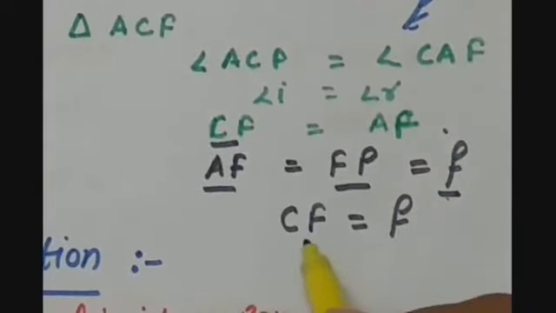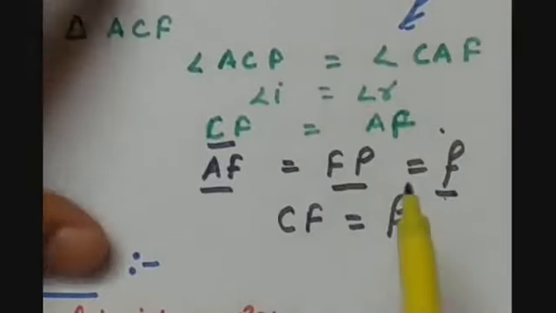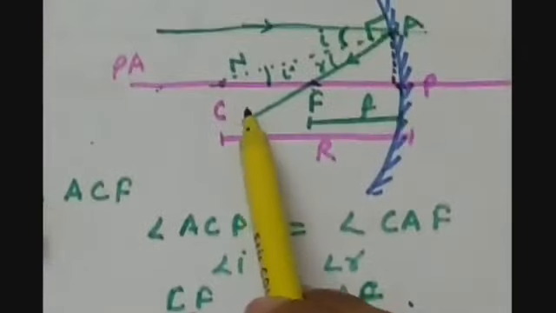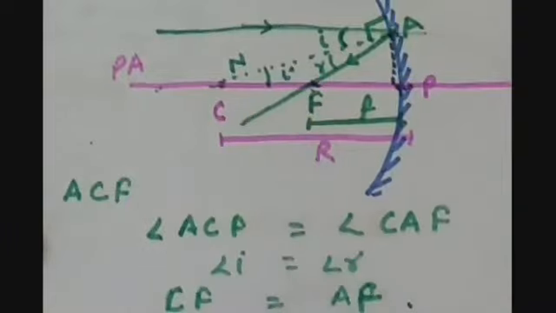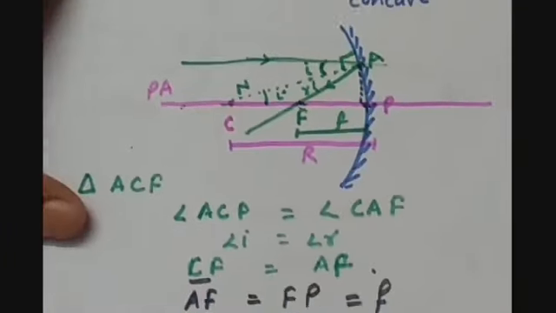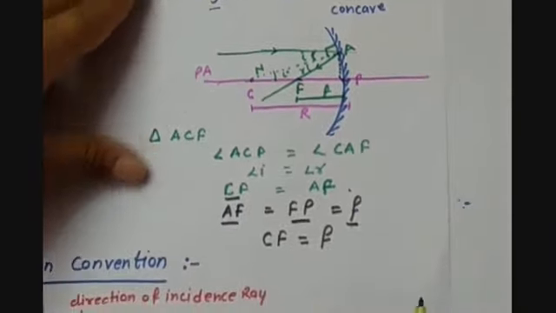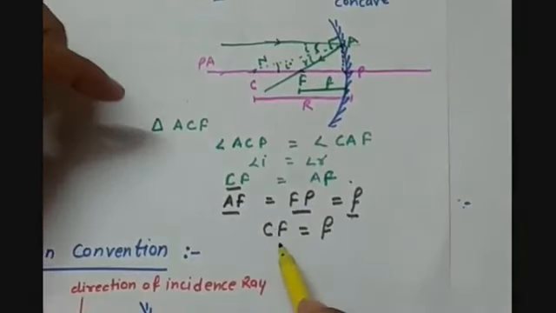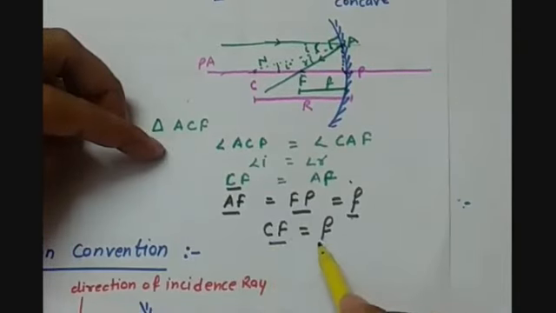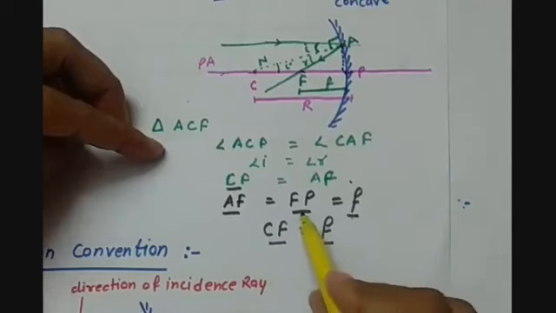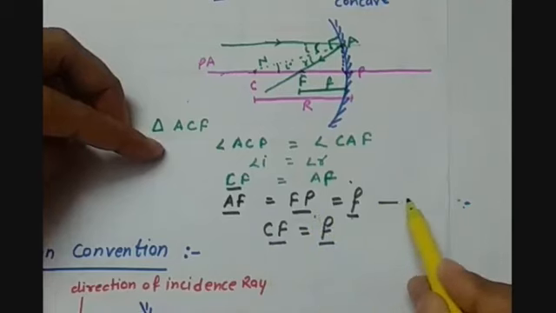And what is CF? CF is the distance between the center of curvature and the focus. So now we know that CF is also equal to F, and FP was already equal to the focal length.